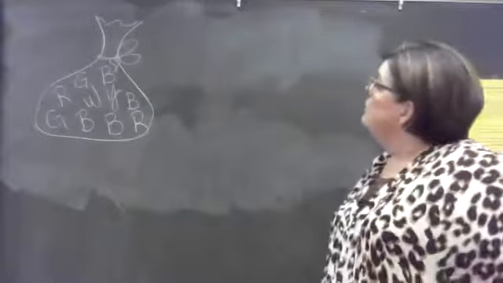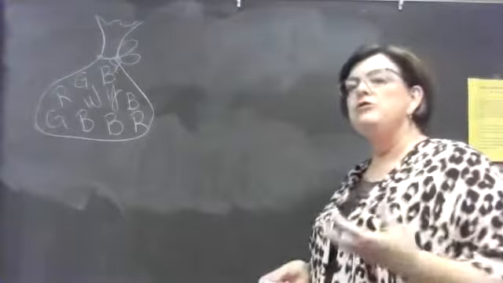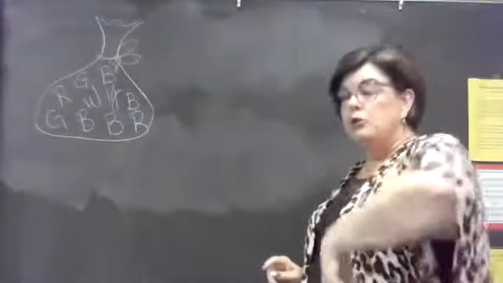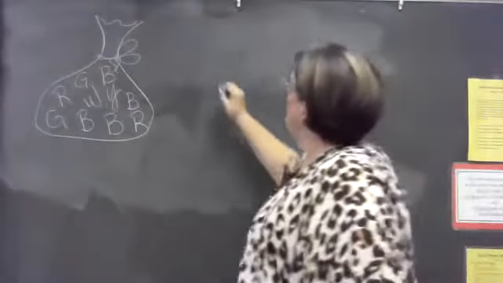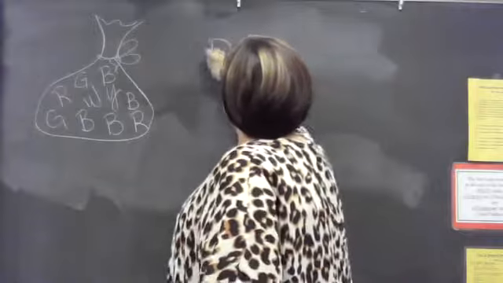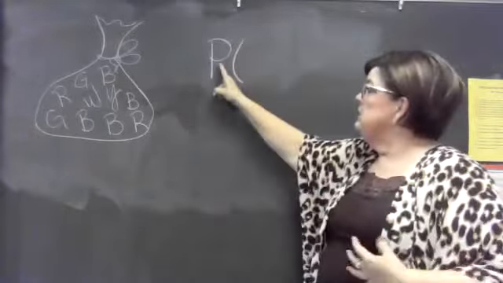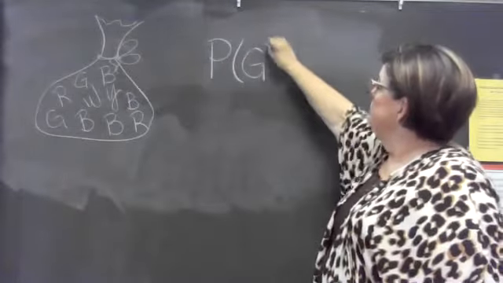Now, if I ask you, what is the probability, if you didn't look in this bag and I actually untied it, you put your hand in there, but you didn't look. I want to know the probability, and they're going to abbreviate it like this, of pulling out a green marble.